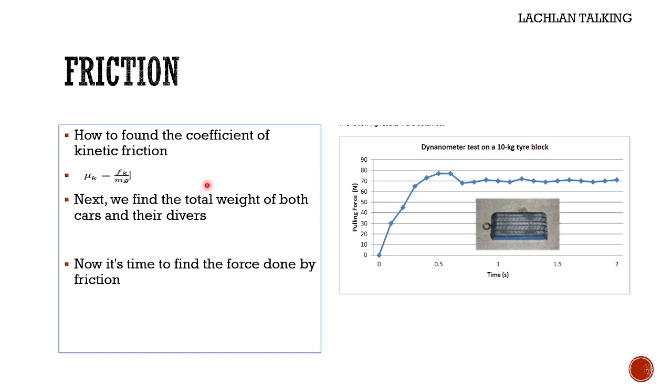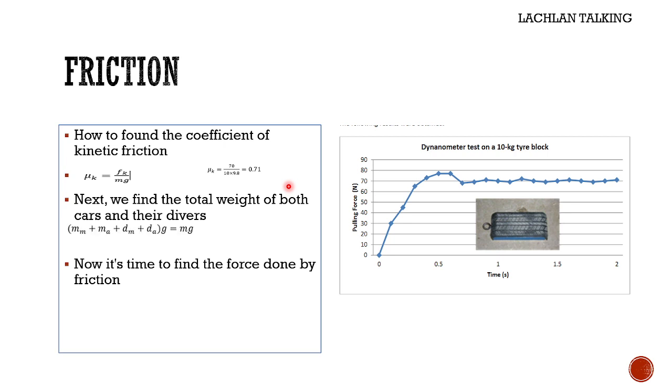And the mass of the 10 kilogram tire block will be 10 times gravity. We're using this because it is the same friction force as both the tires of both the vehicles. And if we put it into the formula to find the coefficient of kinetic friction, 0.71 is the coefficient.